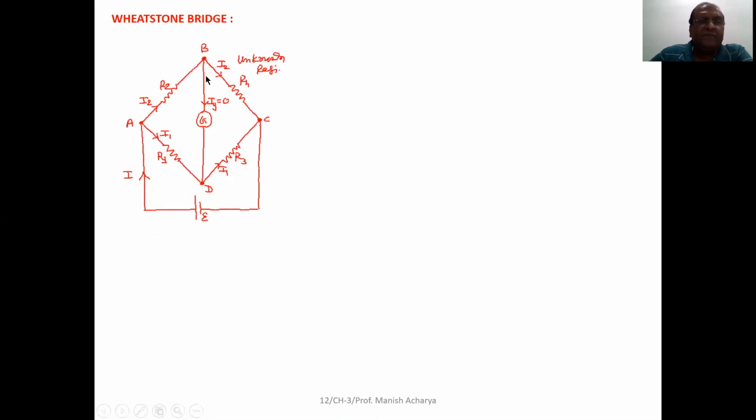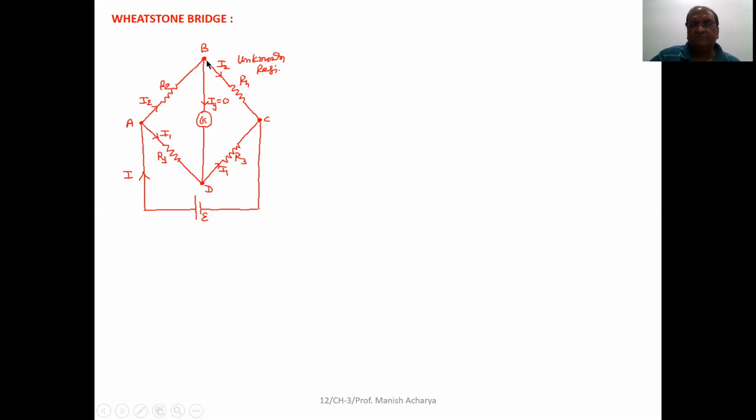Now see, in Wheatstone Bridge circuit, a loop is formed by connecting four resistors as shown in this figure. A to B one resistor, B to C another resistor, C to D the third one, and D to A fourth one. So using four resistors here, a loop is formed.